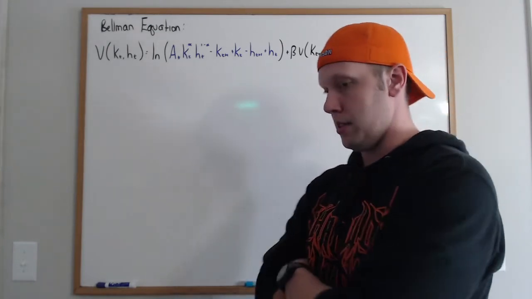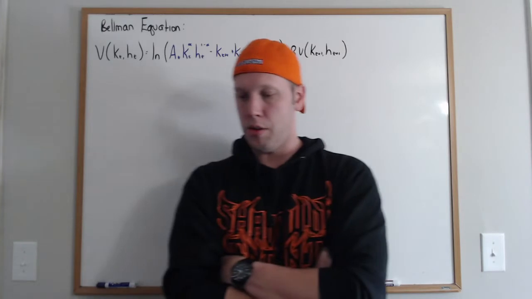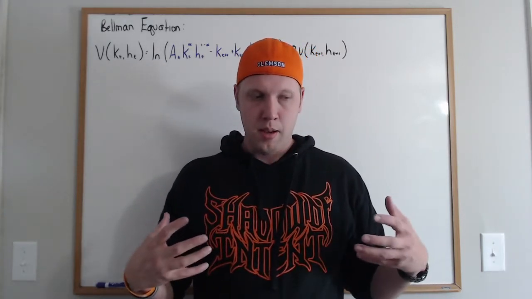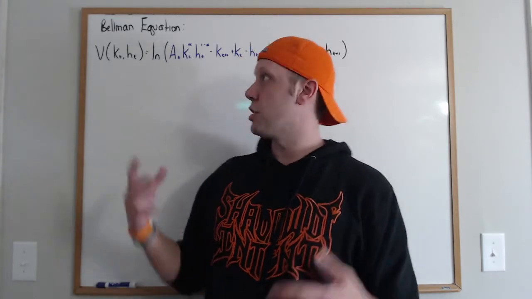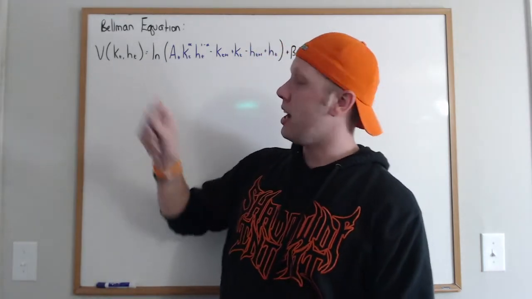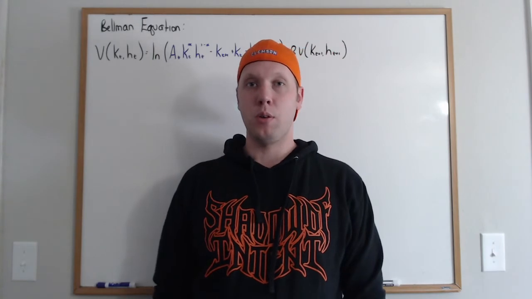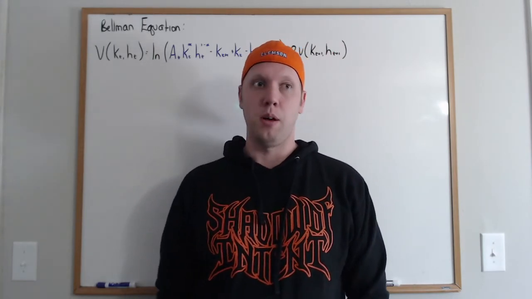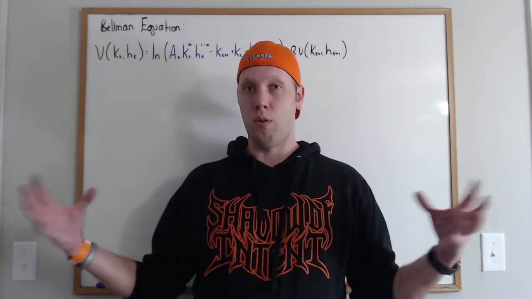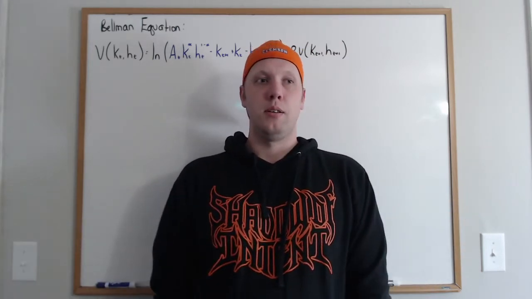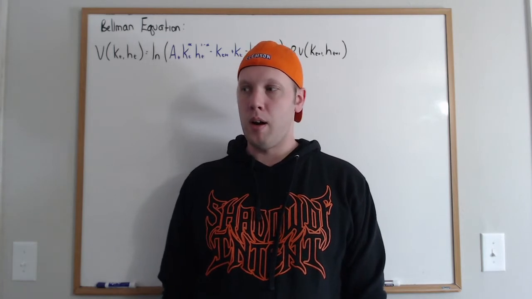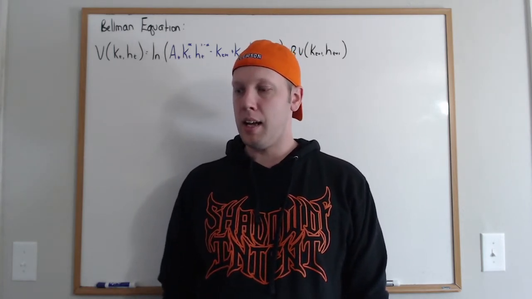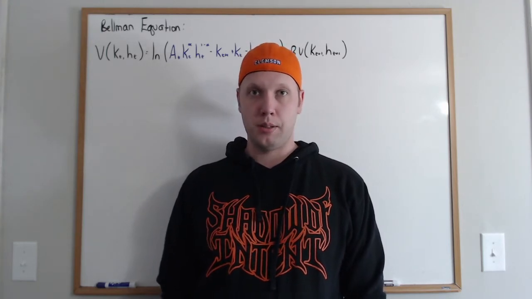But another way we can think about this is also sort of family planning, like a dynastic family thing where parents of, say, Generation T decide how much human capital they want to invest in their children, which would be Generation T plus 1, or time period T plus 1. So that's a really long-run growth and development type scenario that we would be looking at, where we have planning that goes from one generation to the next.